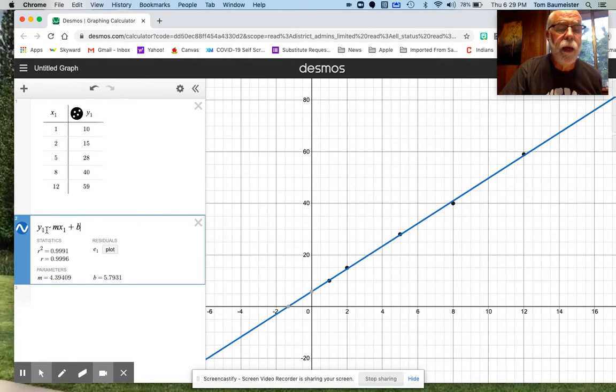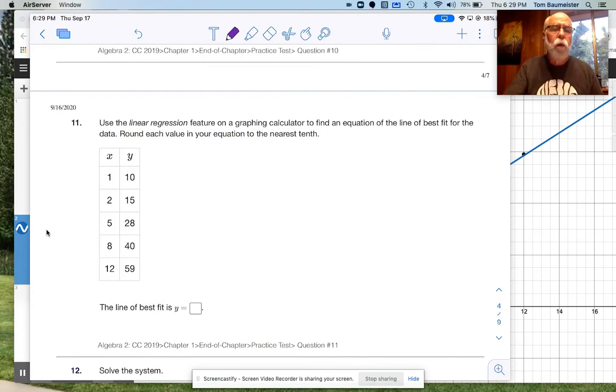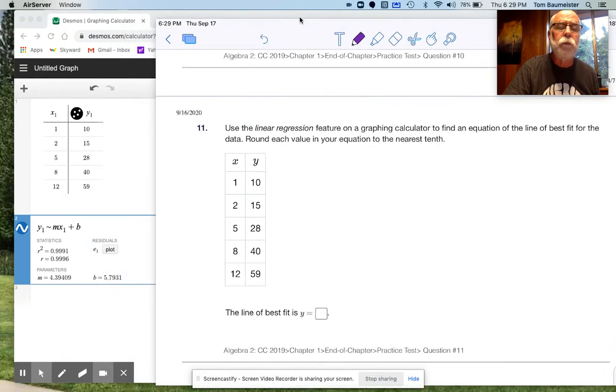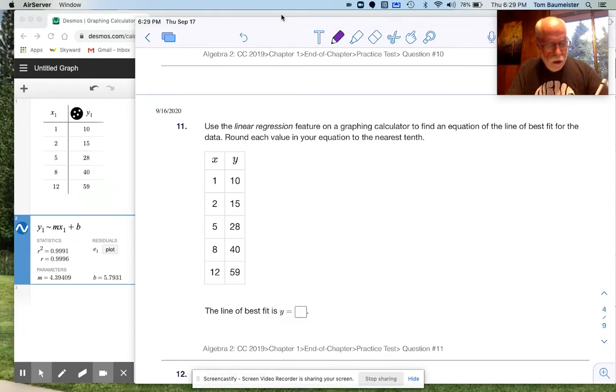So once I see that, now look at the M there. I think I can move this over just a little bit so we can see both of them. All right. So on my M there, I have M is equal to 4.39409. Now remember, the calculator is going to be very particular. The rules of rounding, if I look at the 9 here, that means that 3 is going to become a 4.